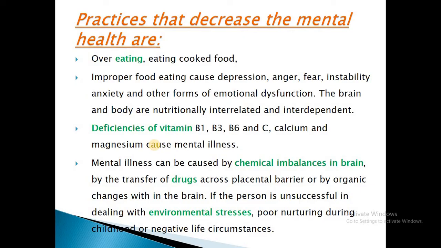Mental illness can be caused by chemical imbalances in the brain, by the transfer of drugs across the placental barrier, or by organic changes within the brain. It can also result if the person is unsuccessful in dealing with environmental stress, poor nurturing during childhood or negative life circumstances.